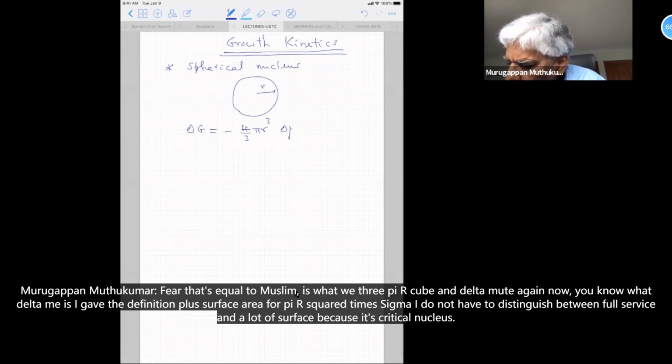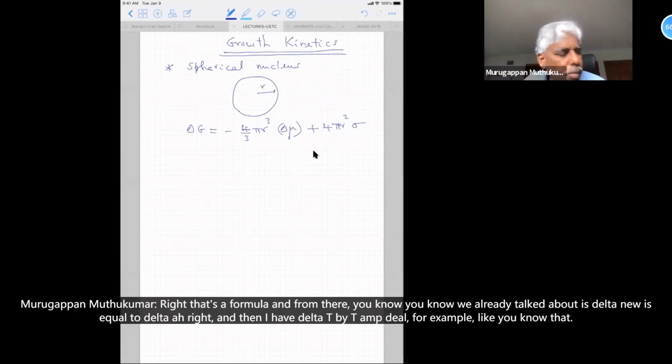Now you know what delta mu is; I gave the definition. Plus surface area, 4 pi r squared, times sigma. I do not have to distinguish between fold surface and lateral surface because it's a spherical nucleus. That's the formula, and we already talked about it. Delta mu is equal to delta H times delta T by Tm0.